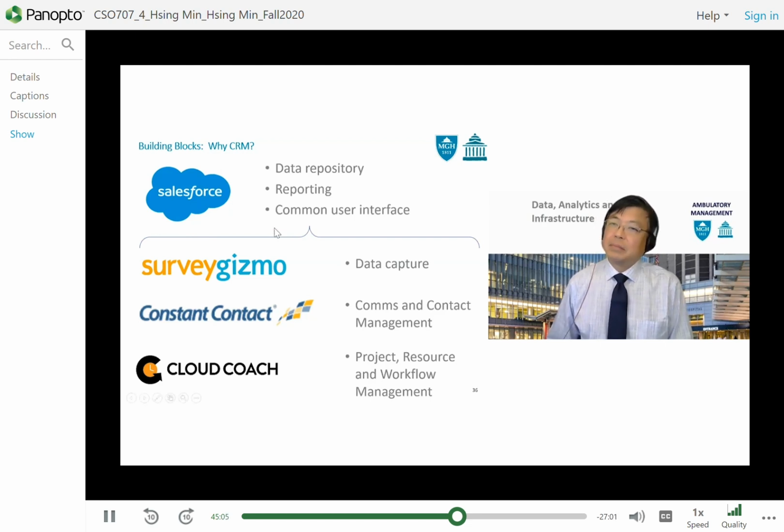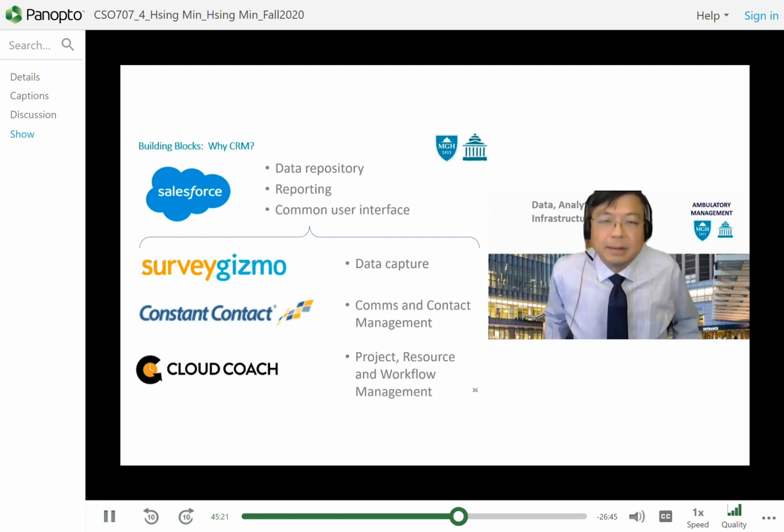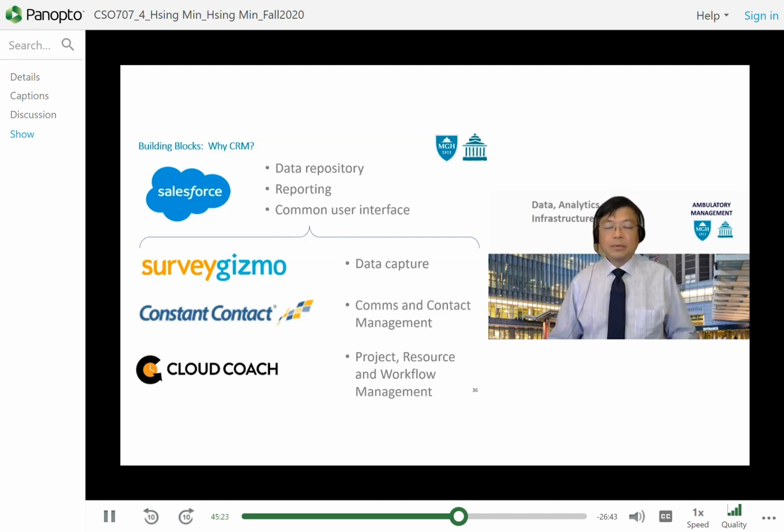CRM solutions came about historically because people got tired of working with IT, and they wanted a way to do things. They wanted a data repository. They wanted ways to report. They want to do stuff without having to go through a lot of IT and DevOps, which is very slow, usually unpredictable, often didn't result in what you needed, and almost always expensive.